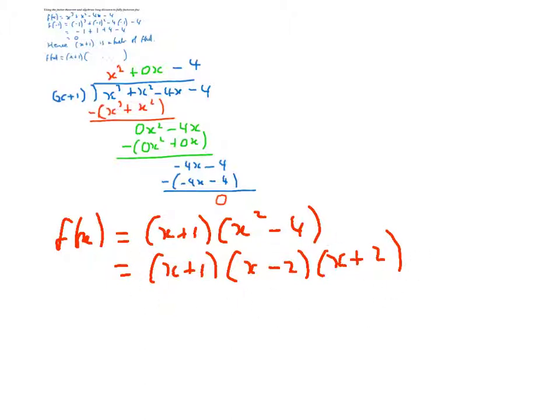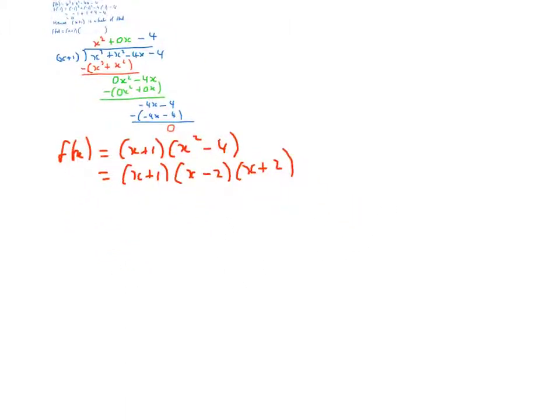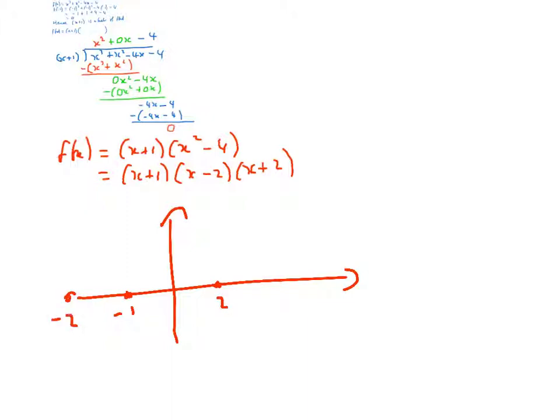We've got to this point now, and now I could very easily draw a quick sketch of my f of x. I know my solutions for the x-axis are when y equals 0, so therefore it must go at minus 1, it must go at 2, and it must go at minus 2. My graph is obviously positive, it's a positive cubic.